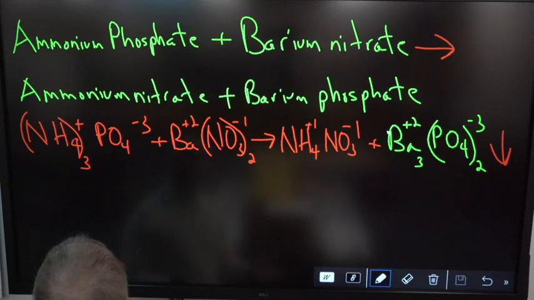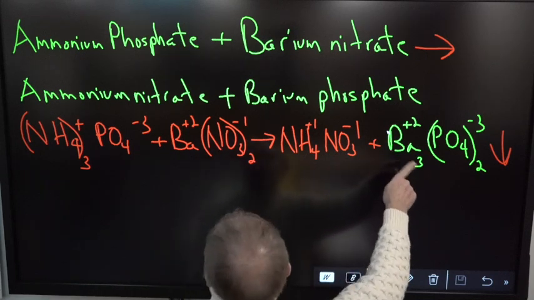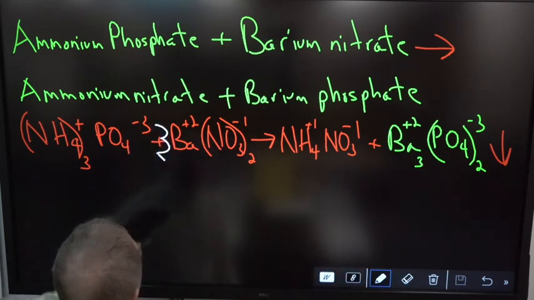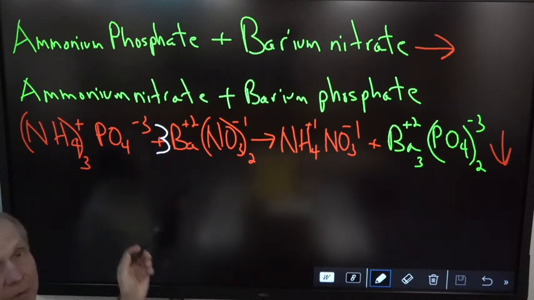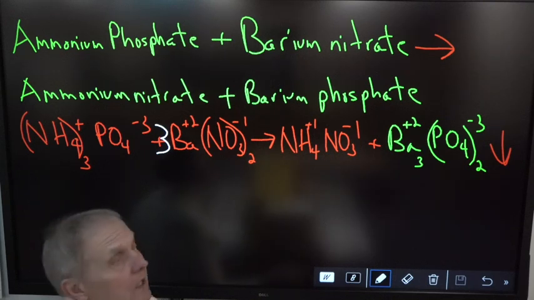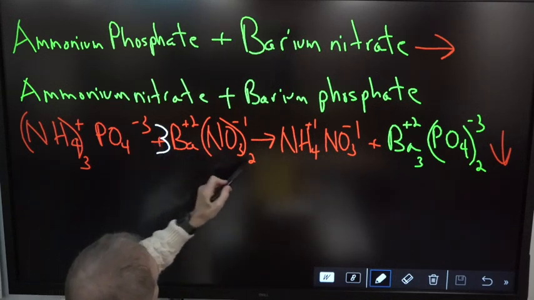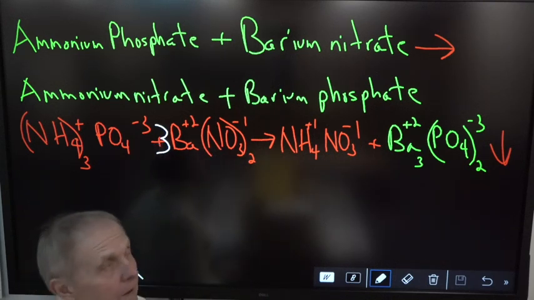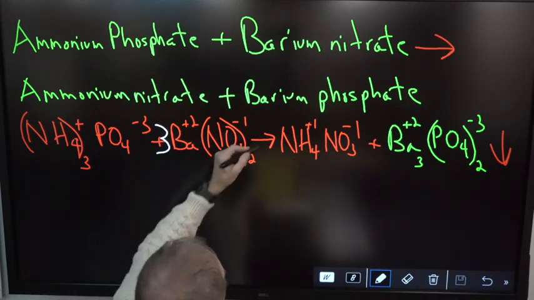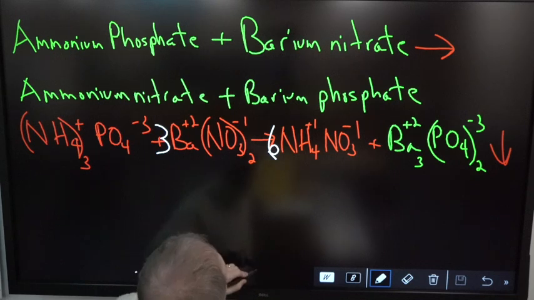All right, so let's balance this thing. Pick something there's a lot of. Barium. There's 3 bariums there. There's only 1 there, so we're going to put a 3 right here. Now, after we put that 3, remember the coefficient blows through everything. So 3 times 2, I have 6 nitrates on this side. I only have 1 there, so I'm going to have to put a 6 right there.